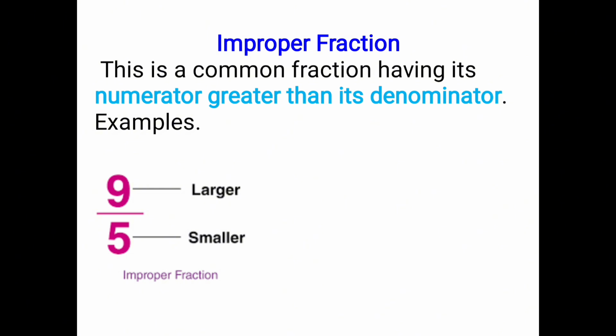So improper fraction is simply a fraction that has its numerator greater than its denominator. Do you get that? And this is a perfect example. I have 9/5. The 5 is carrying the 9. The 5 is a smaller number and the 9 is a larger number, which is on top.